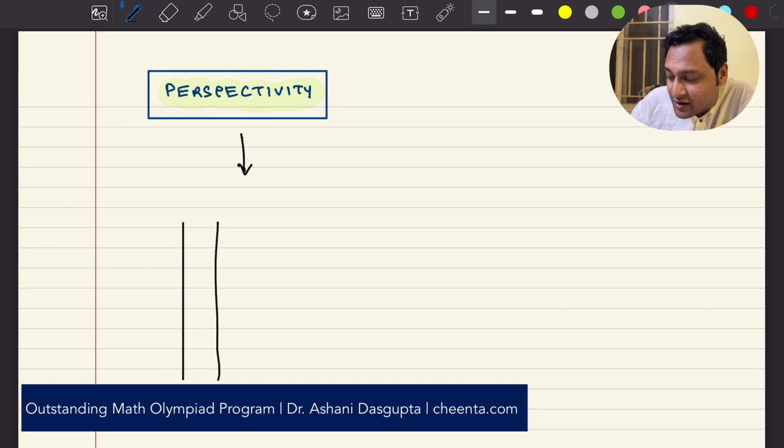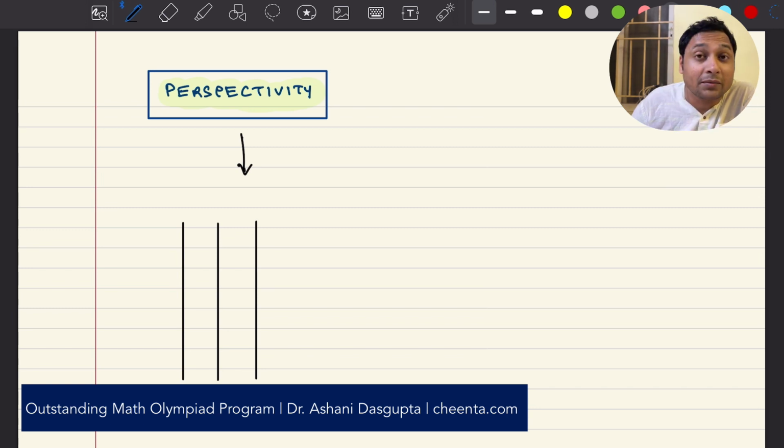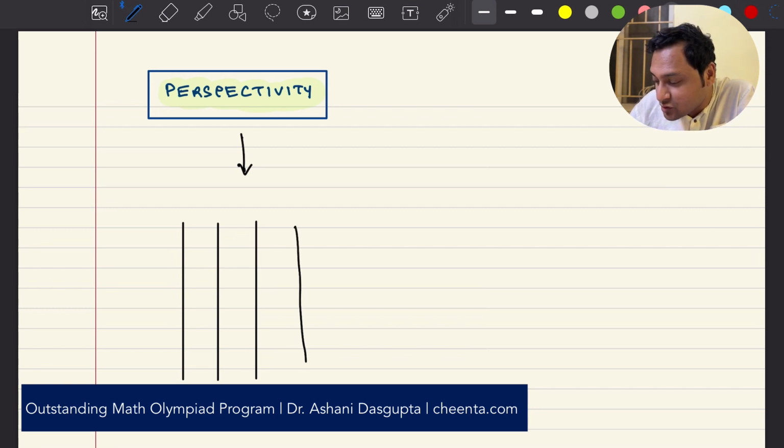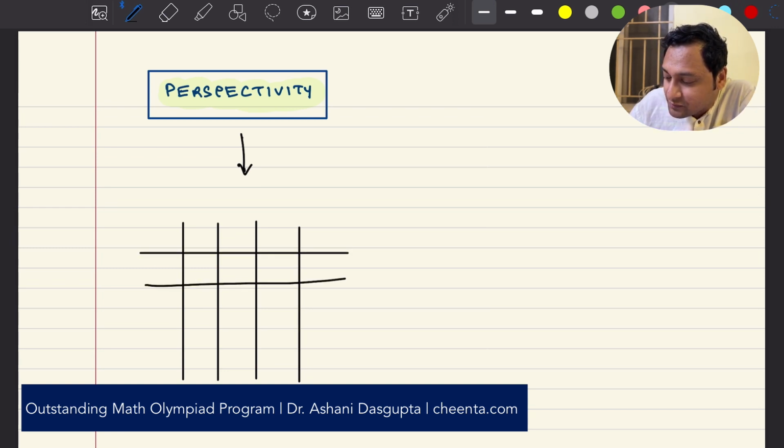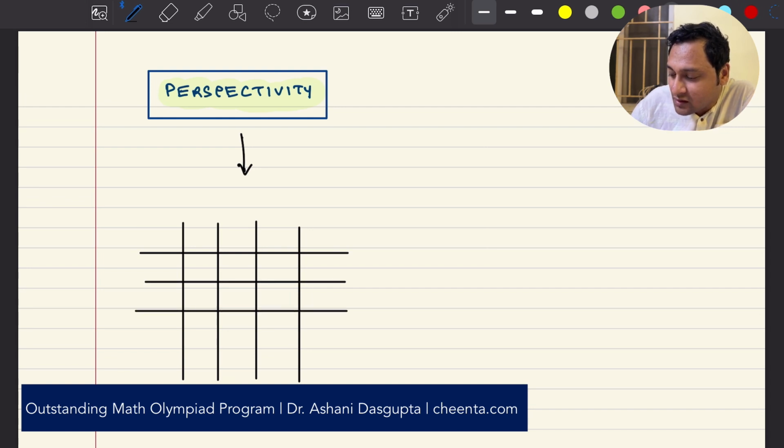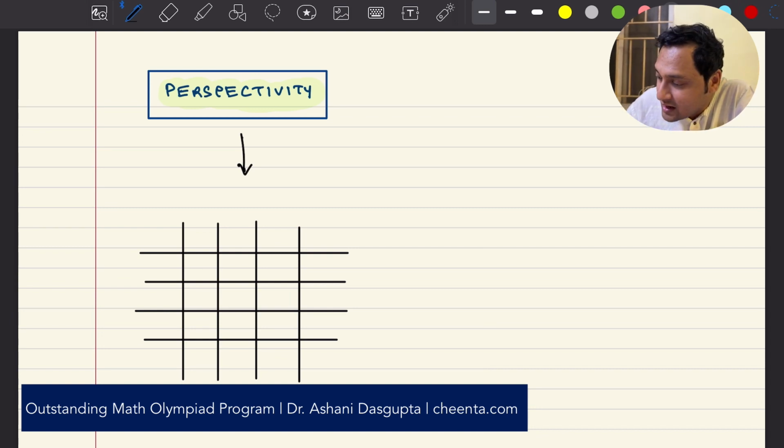Before the Renaissance, before this mathematical idea of perspectivity or the point at infinity came into being, bricks were drawn like this on the piece of paper. If you wanted to draw bricks, you would draw something like this. And if you wanted to draw humans standing on some part of that particular floor, you would draw like that. And of course, it doesn't look three-dimensional, but it conveys the idea.